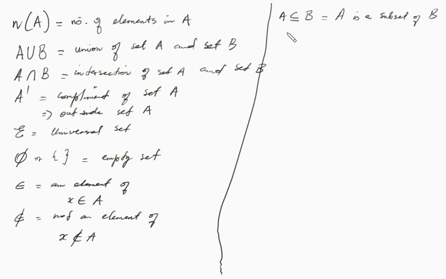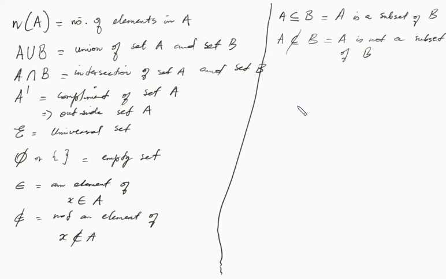Now we have this one, which is the opposite. A is not a subset of B. Set A is not a subset of set B. That's the opposite of what we were saying in the previous definition.